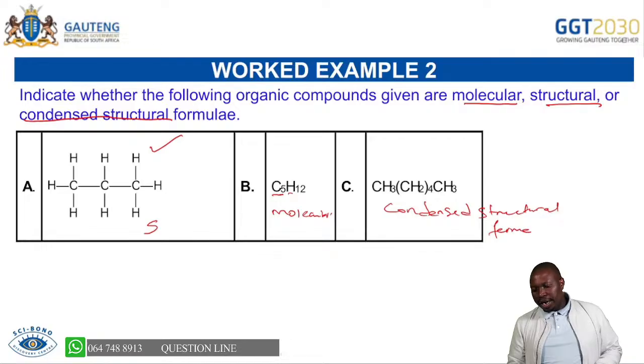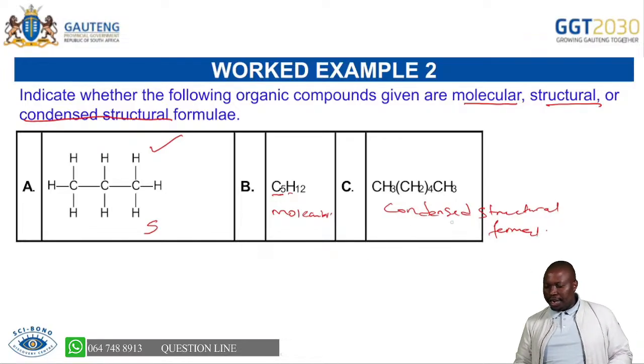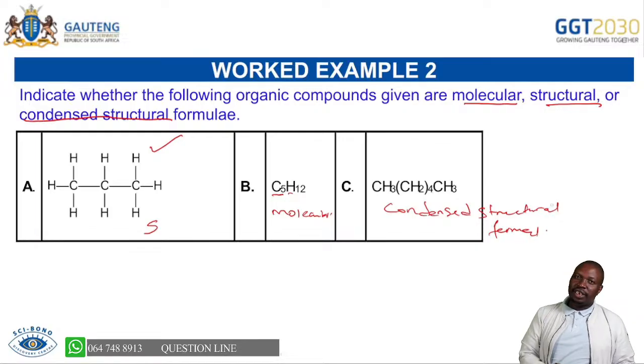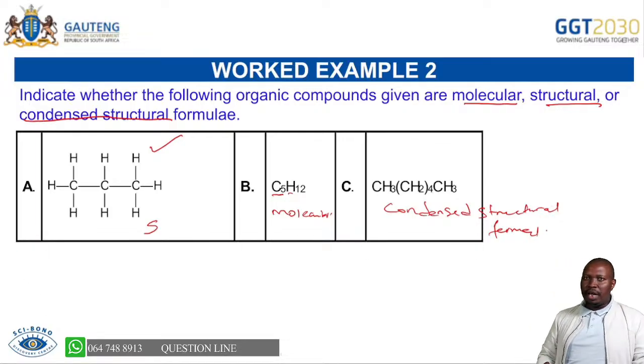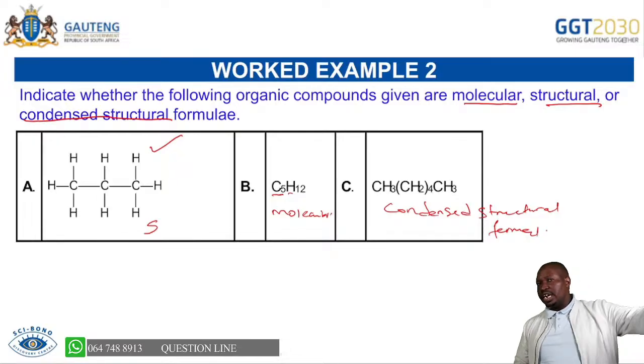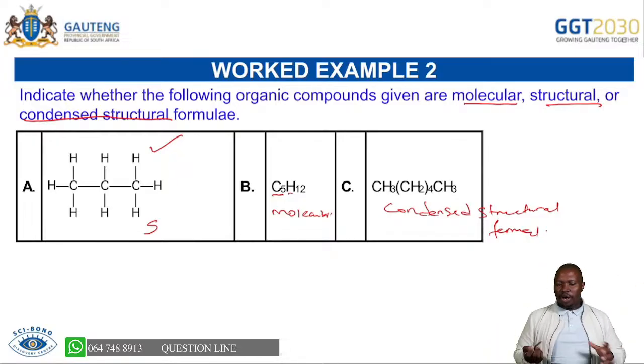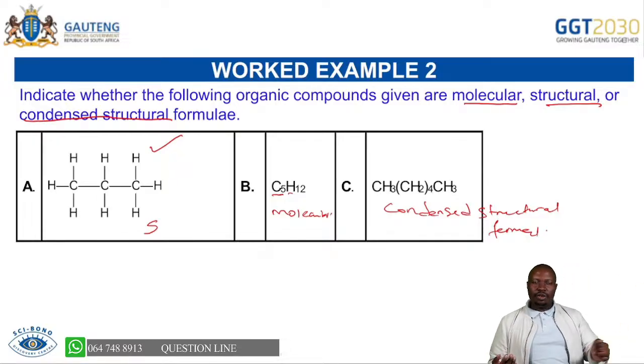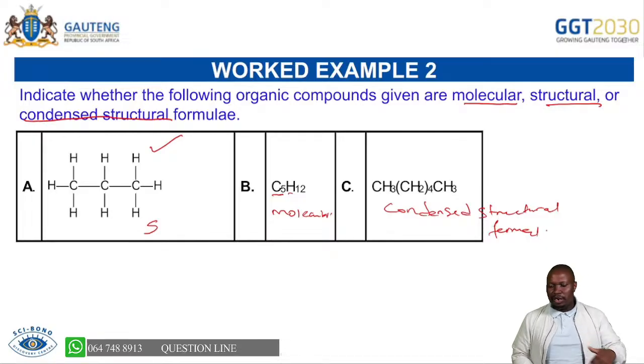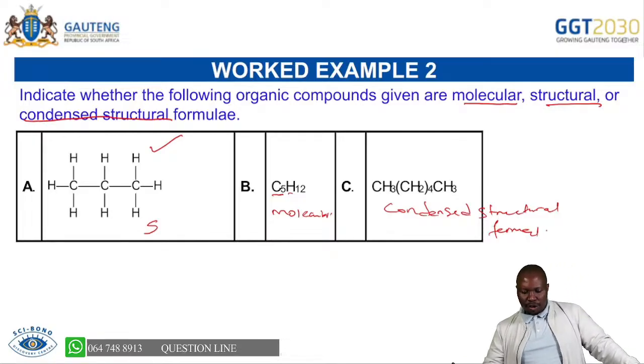The other important thing is that you must be able to move from condensed structural formula to structural formula, from structural formula to molecular formula, and from molecular formula to general formula. So play around so that when you have another one, you ask yourself about the other formulas, and then you will be able to do very well and enjoy all this.